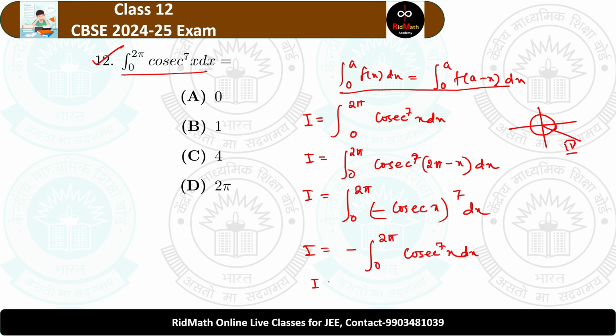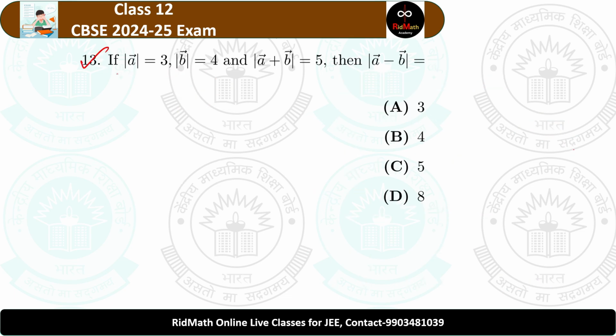So I equals minus I, and 2I equals 0. That means I equals 0. So the integral is equal to 0. Option A is correct. Next problem.